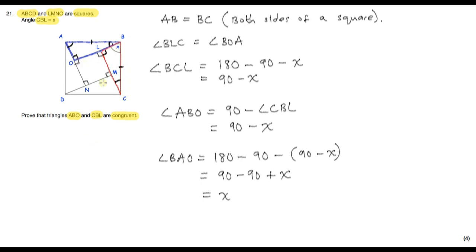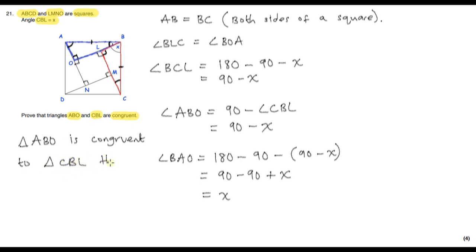So we can now say that triangle ABO is congruent. So that is the symbol for congruent, or you could just say is congruent, if you don't know that symbol, to triangle CBL.